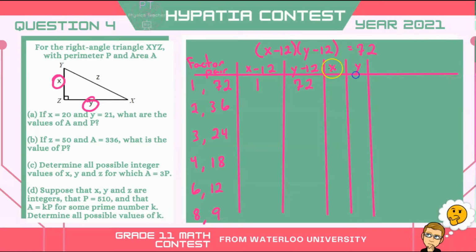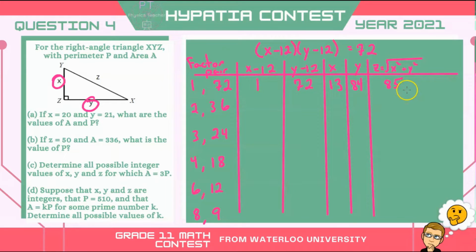So for x, well, if x minus 12 is equal to 1, that must mean x must be 13. Similarly, if y minus 12 is equal to 72, that must mean that y is equal to 84. Finally, we could figure out what z would have to be using the Pythagorean theorem, where z is equal to the square root of x squared plus y squared. And in this case, you're going to get z equal to 85.